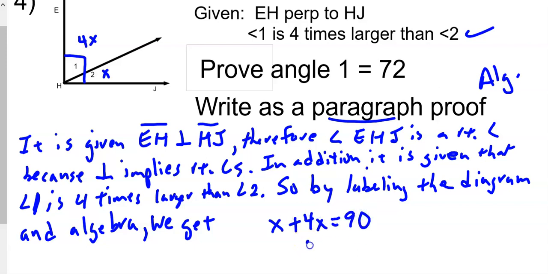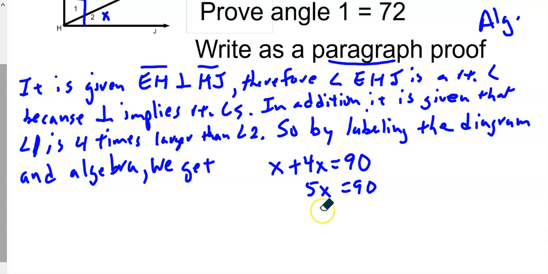And then we can go ahead and just solve that. So 5x equals 90. Divide there by 5. So we're going to get that to be, what's that going to be? 18.